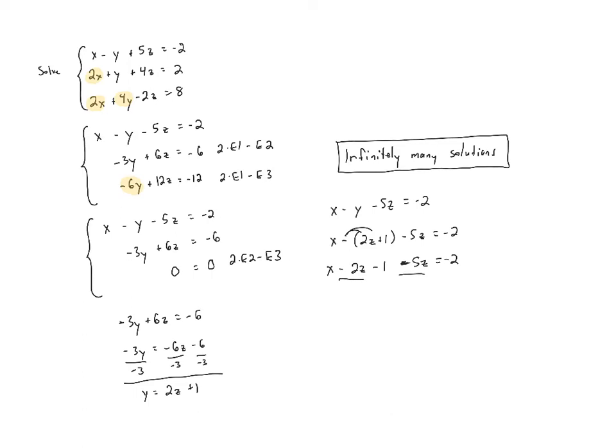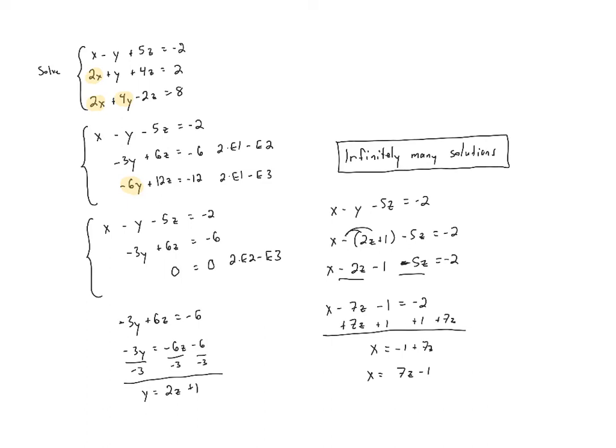We can combine the z terms: x minus 7z minus 1 equals negative 2. And then if we add 7z and 1 to both sides, that leaves us with our x by itself on the left-hand side, and then negative 2 plus 1 is negative 1 plus 7z. Looks a little bit nicer if we write it as 7z minus 1.